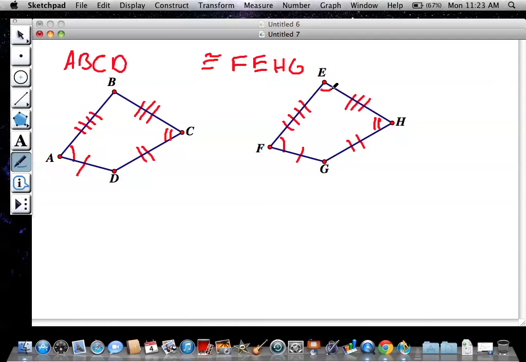E pairs up with B, so B and E are congruent, and then G pairs up with D, so therefore they are congruent. Okay, and that's all chapter 4 is. If I say that the two shapes are congruent, then their corresponding sides and angles are congruent.